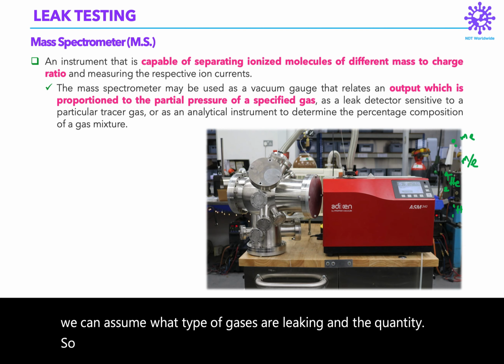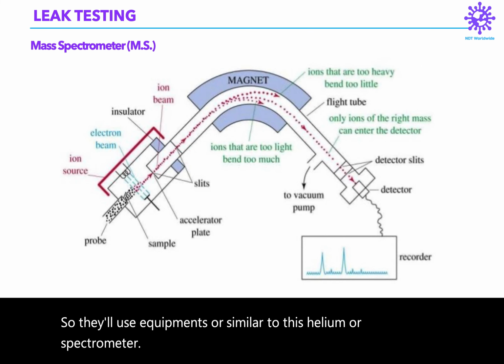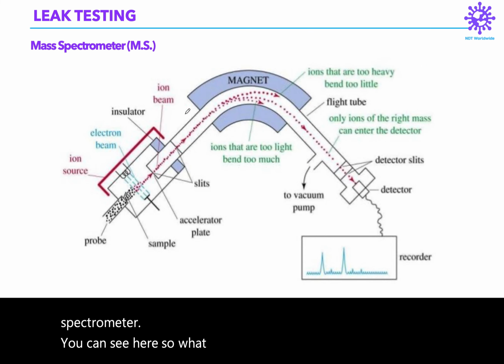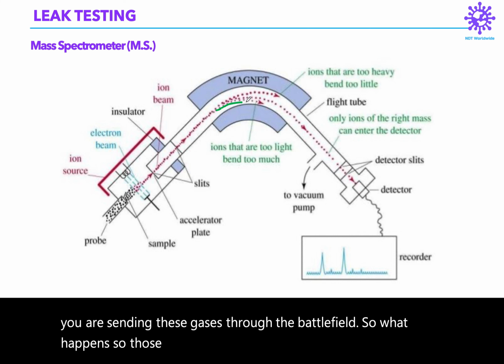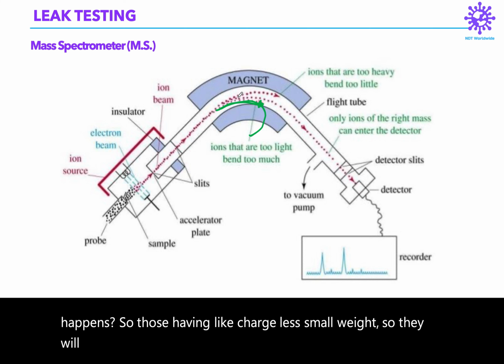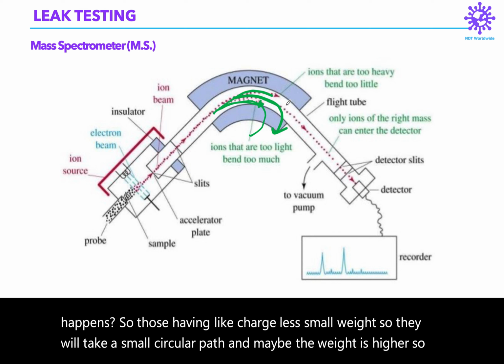They use equipment similar to this helium mass spectrometer. You can see what exactly is happening when you send these gases into the magnetic field. Those with lesser charge and smaller weight will take a small circular path, and those with higher weight will take a path like this.